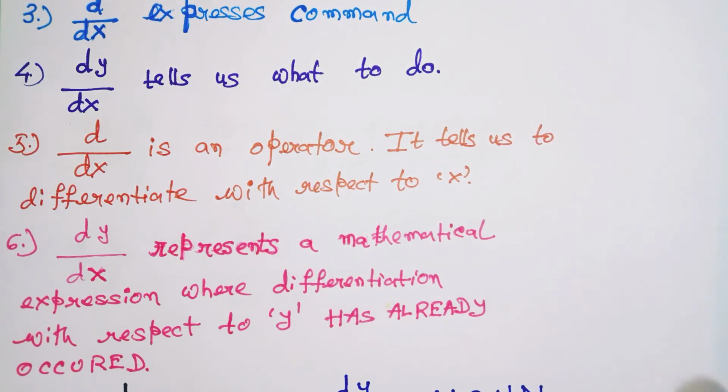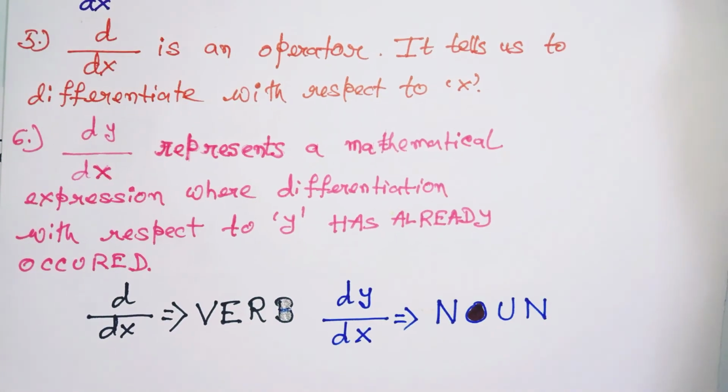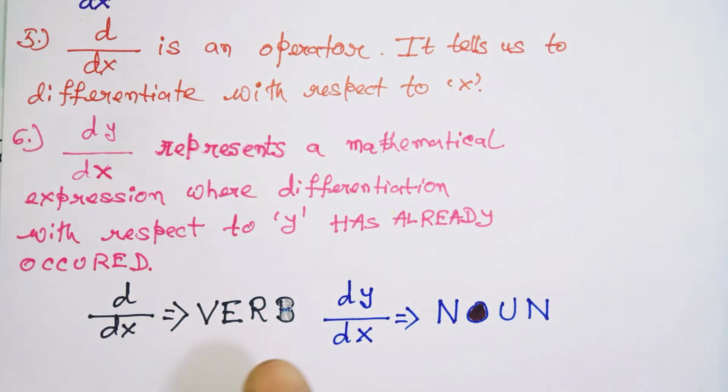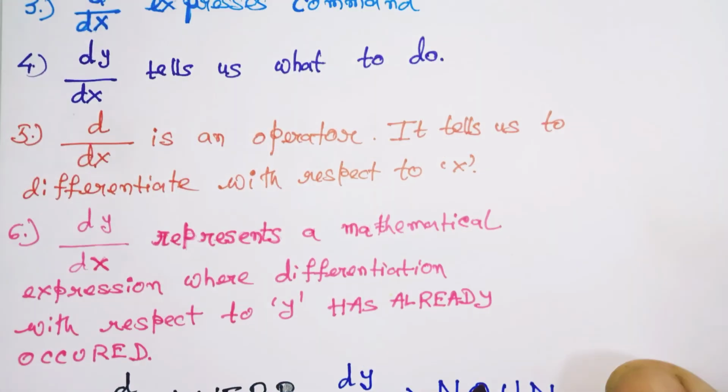You can look into my difference between series videos, where this is the second one. And in summary, what I can tell you is that d by dx is a kind of a verb which actually tells you as an operator what to do, and dy by dx is a noun. That means it is a statement which has already happened.